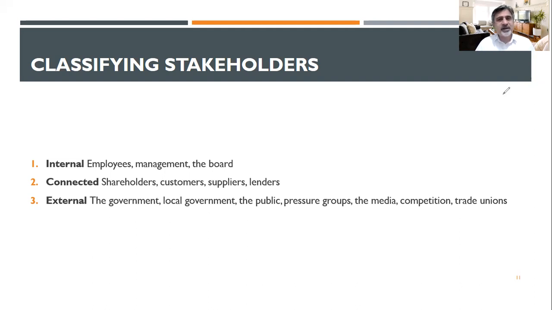So what you need to understand is which stakeholders are more important for me, whose objectives I should give priority to, because you cannot put everyone in the same line.